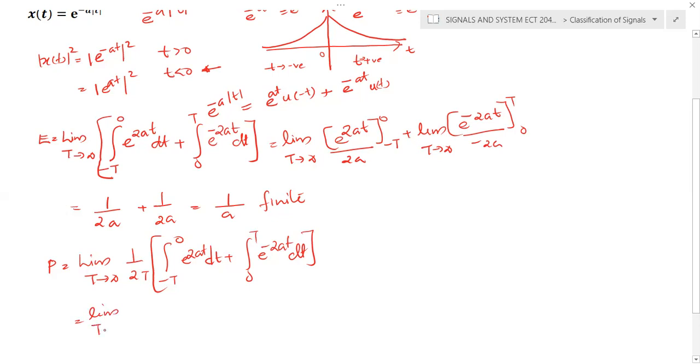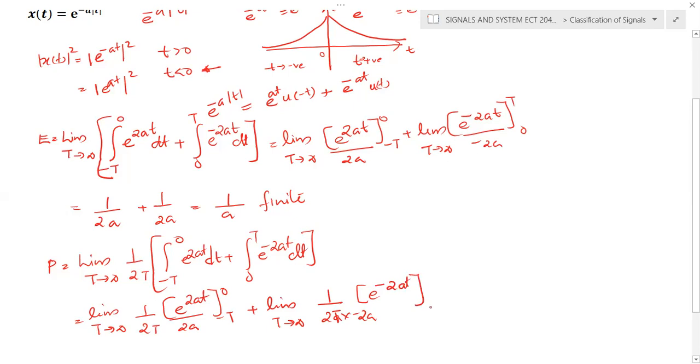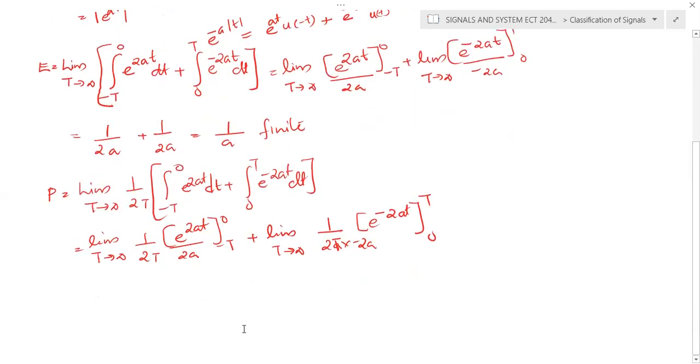So limit T tending to infinity, 1 by 2T, e raised to 2at by 2a, from minus T to 0, plus limit T tending to infinity, 1 by 2T into the integral of e raised to minus 2at from 0 to T. Now if you apply the limits, here it is minus T, so you can write limit T tending to infinity, 1 by 4aT, e raised to 2a, and here it is minus T, so it becomes minus 2aT.